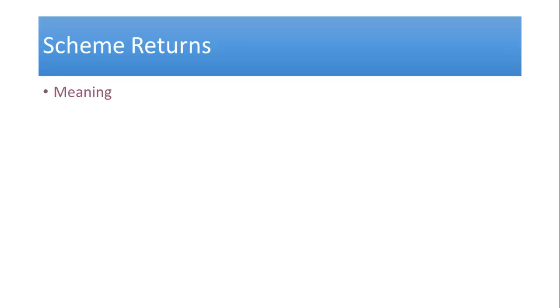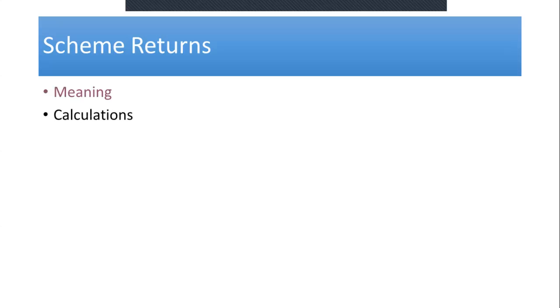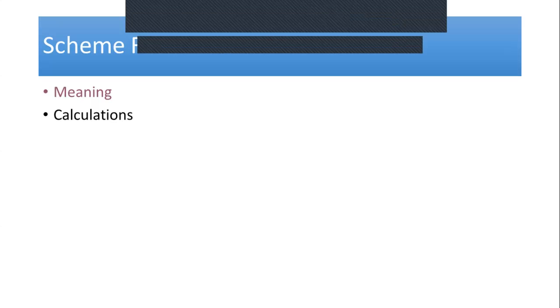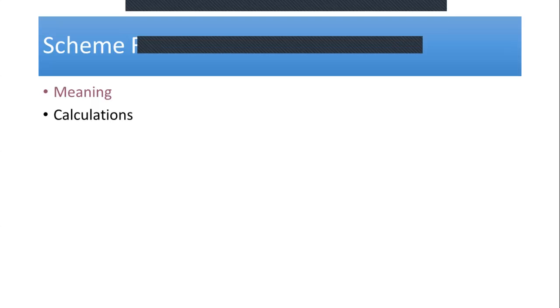And the second one is how it is going to be calculated. It is a very simple formula utilized for scheme return. This is also called the simple return.